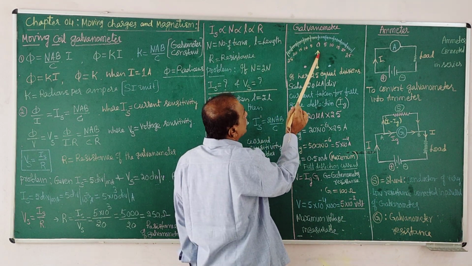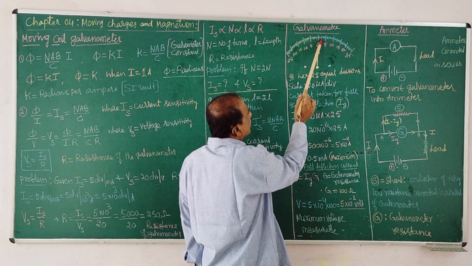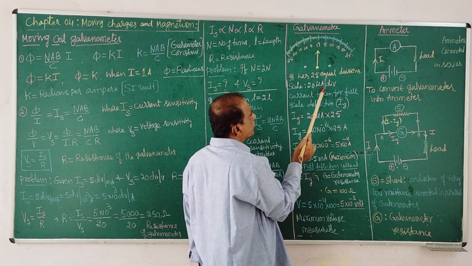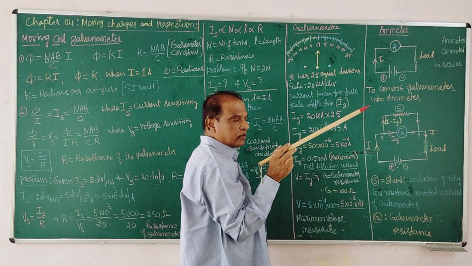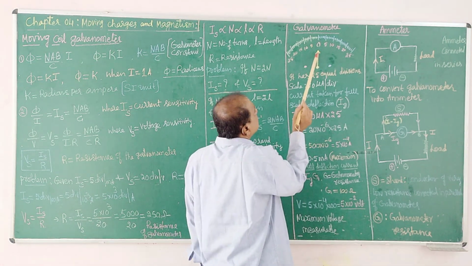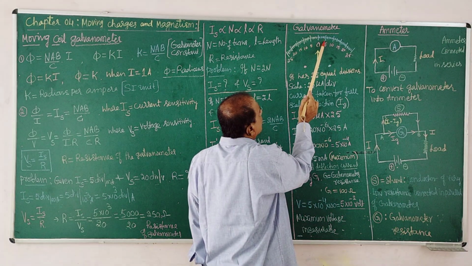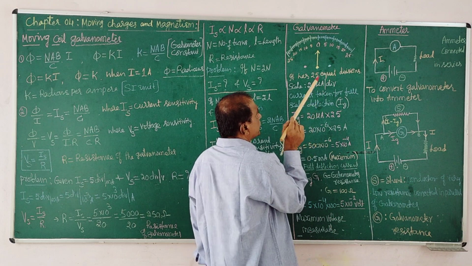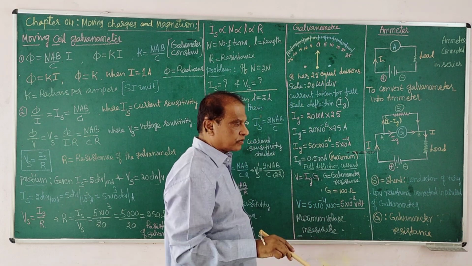If the needle is showing two divisions, the current is 40 microamp. Like that we can calculate. If the needle is directed towards 5 into 20, 100 microamps current is flowing through the galvanometer.